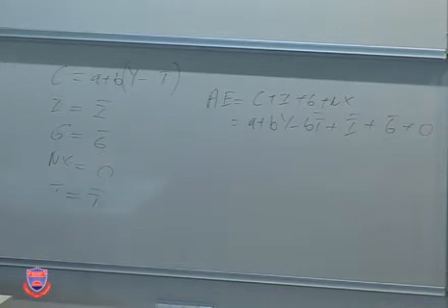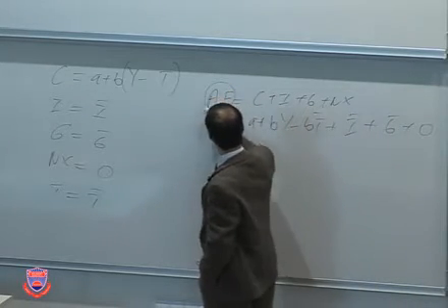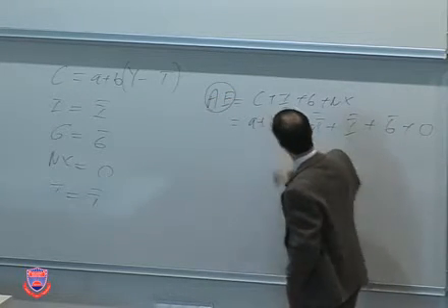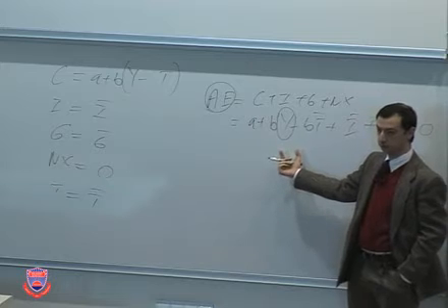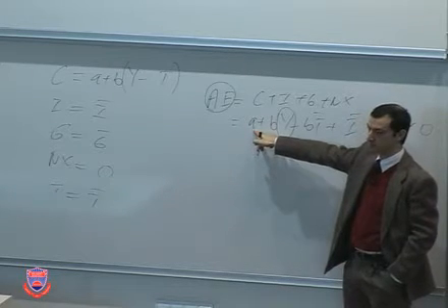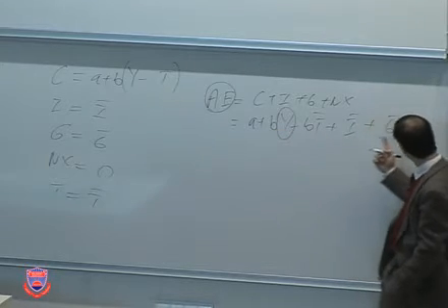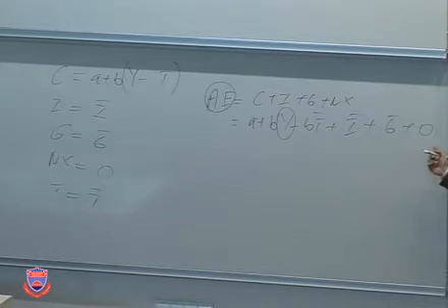Now, we have two things: we have aggregate expenditure and we have output. These are the things that we don't know. I already told you this is a number, I know what this number is. This is a number, this is a number, this is a number, and yes, 0 is also a number.